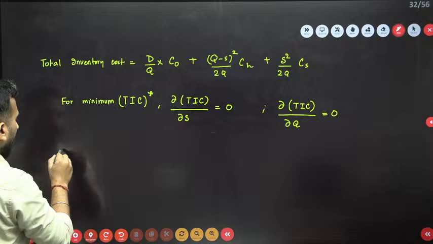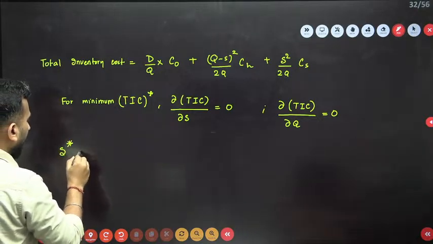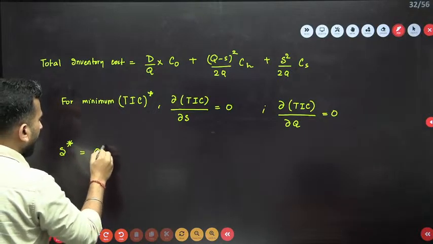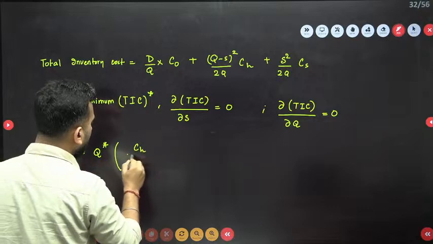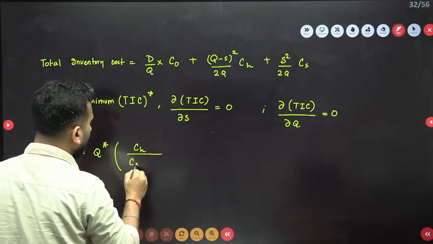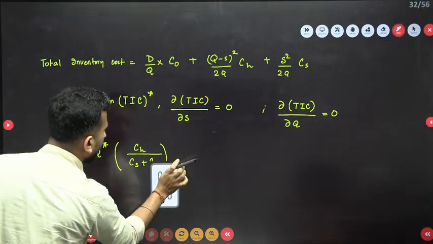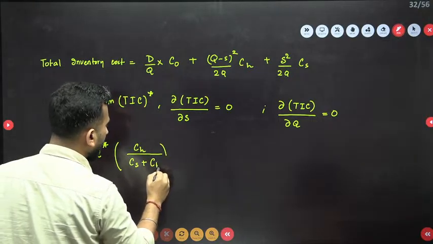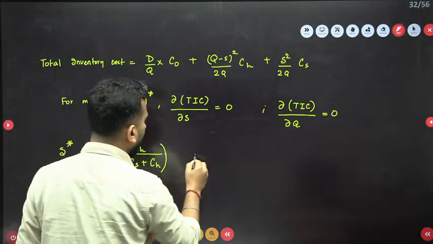The result that you will get is S star will be Q star into CH by CS plus CH. This is the one formula that you will get.